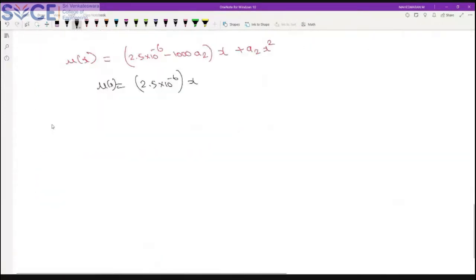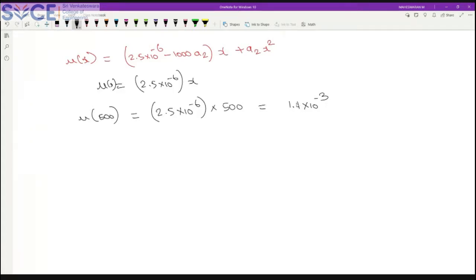I have to substitute u at 500, which is equal to 2.5 into 10 power minus 6, x is 500 now, so multiply with 500. So what are you getting? 0.1 into 10 power minus 3, which is similar to our previous value.